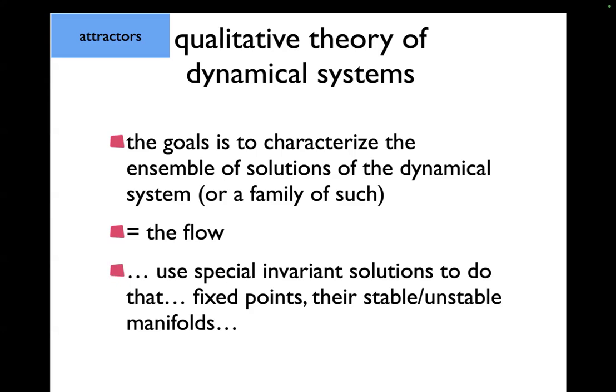We're just saying, well, it's this class of equation that has certain properties of the solutions, and that's what we're driving at. And the way that we do that is by looking at so-called invariant solutions, and I'll give a more precise meaning to that in a moment. That's really used based on fixed points here. Mathematically, there's more than that, but we'll be primarily using fixed points, and then the so-called stable and unstable manifolds.